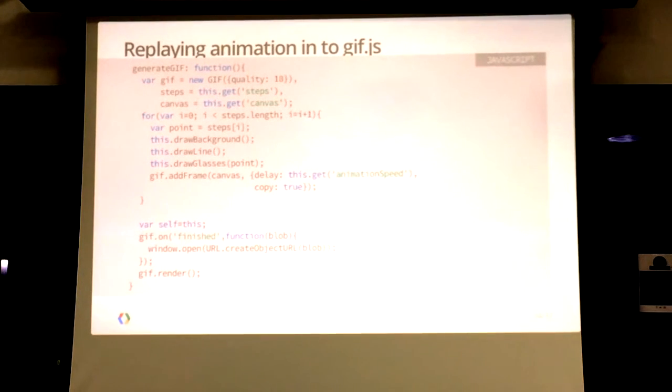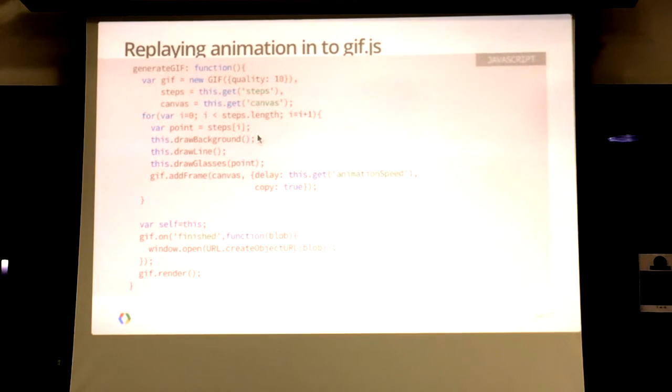But so you've got that GIF object, and you have to create these canvas elements for each point in time, and then successively play them back into the GIF object. This is a lot like the timer code you saw, except it doesn't use any timer stuff. It just does it in one for loop.